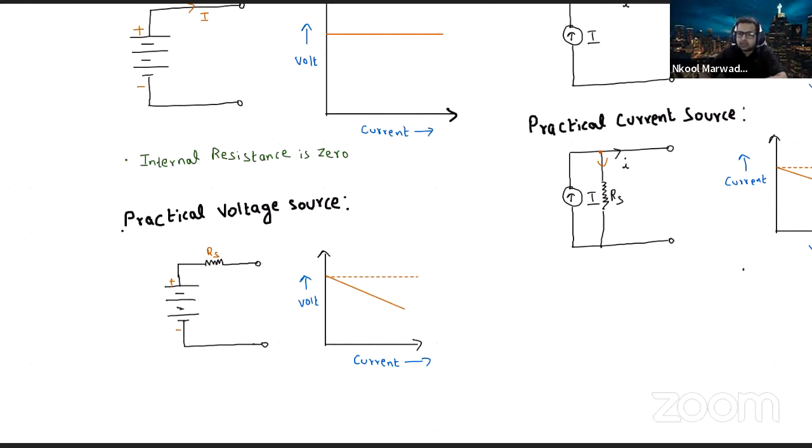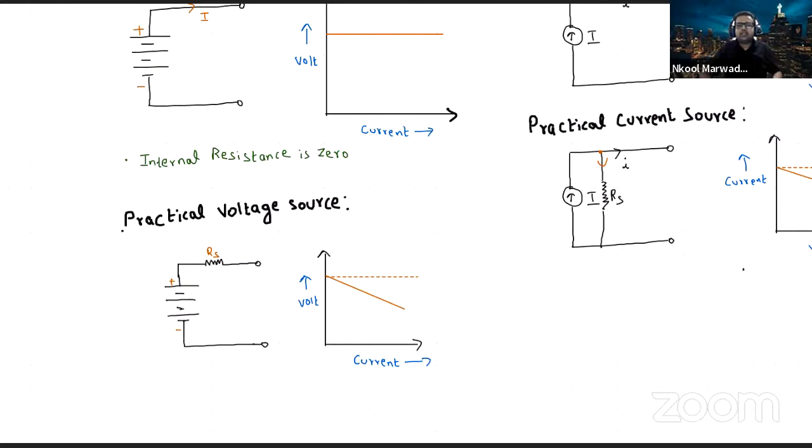Because this resistance in parallel will suck some electrons, so there will be leakage of current, and the current I draw will not be equal to capital I. Hence this internal resistance is responsible for degrading the quality of the current source. The more the internal resistance, the more the quality will degrade.